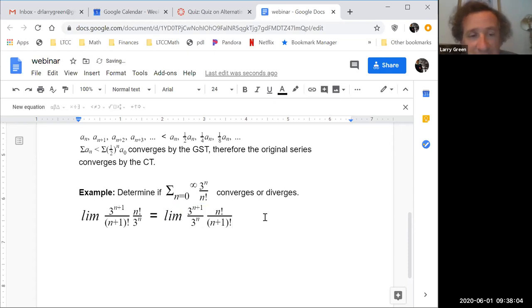And this is a big suggestion I have for you. When you're doing the algebra, when you're using the ratio test, put like stuff with like stuff, and life will be a lot easier for you. Because now we can do some very simple simplification.